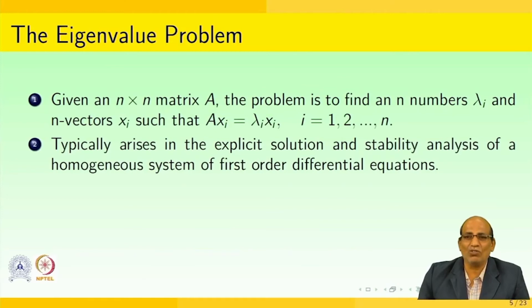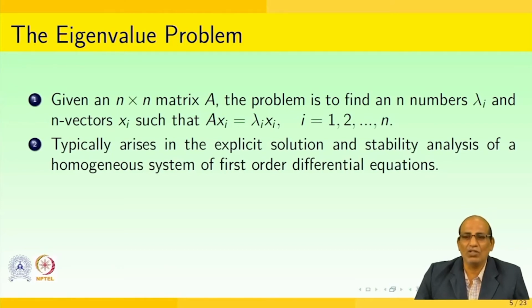The third one, which you also come across in many realistic situations, is the eigenvalue problem. Given an n by n matrix A, the problem is to find n numbers in general, say lambda i, and n vectors xi such that A xi is equal to lambda i xi for every i equal to 1 to n.